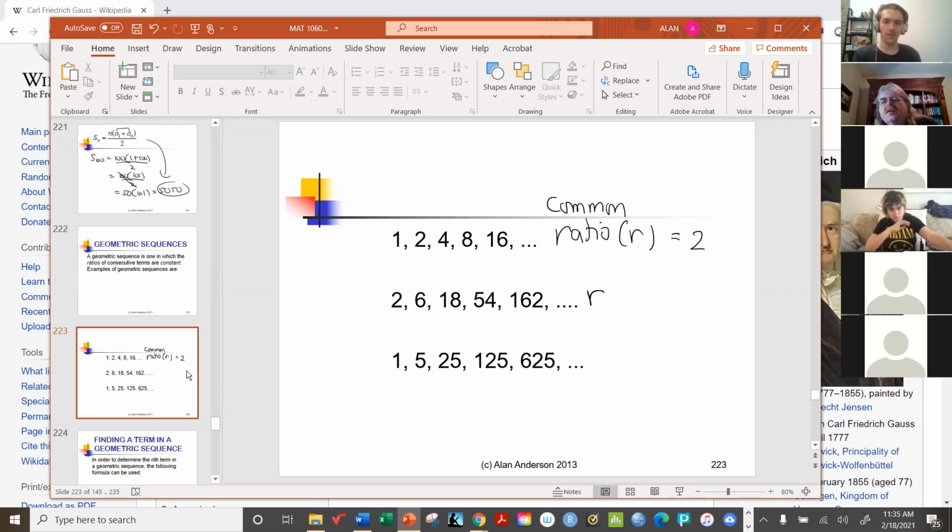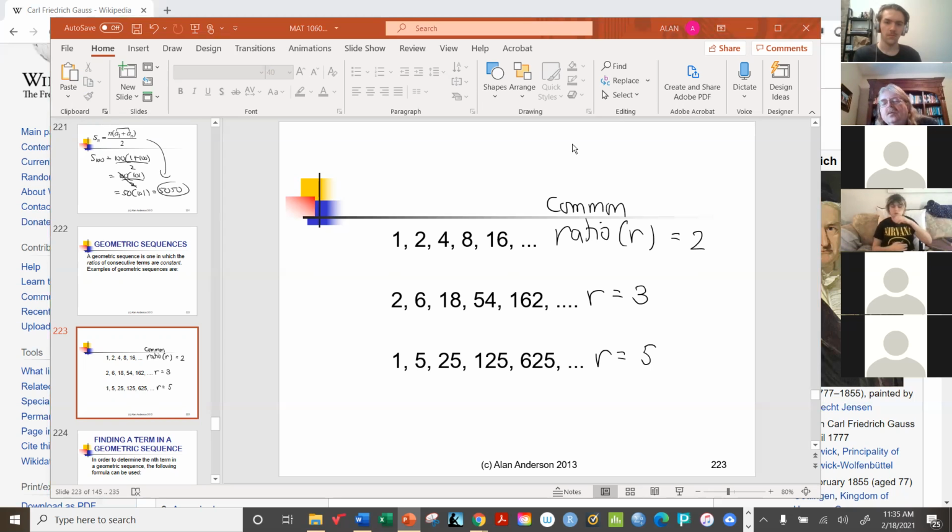Down here, what's the common ratio? 3. And how about in this last case? What's the common ratio? 5. Yes, that's right.